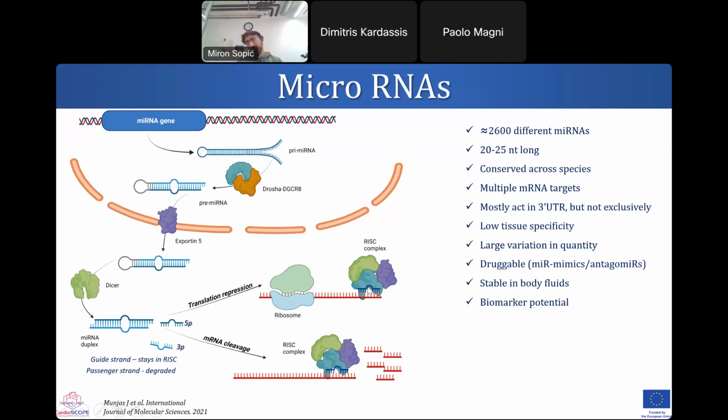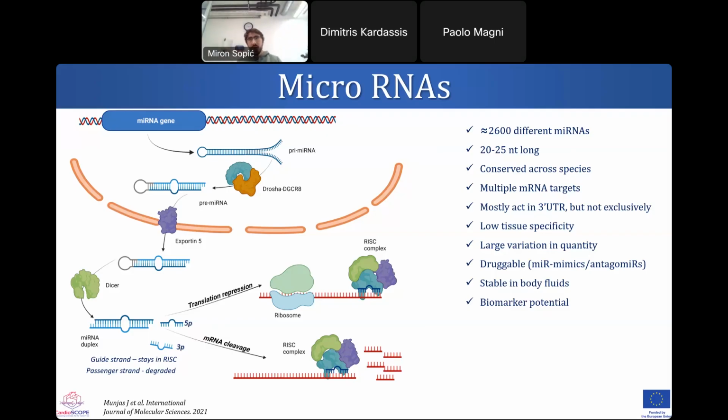Because as I mentioned earlier, miRNAs are not super specific for their targets, because we see that there are 2,600 miRNAs that target around 20,000 genes. So by pure mathematical calculation, you can see that every miRNA can bind to multiple targets, which means that there is no 100% compatibility between a microRNA and its target.